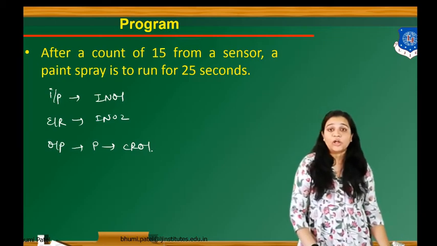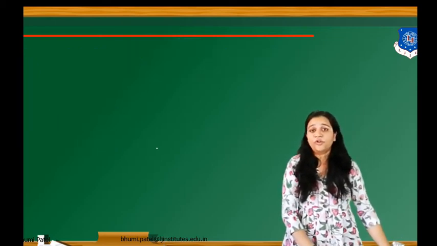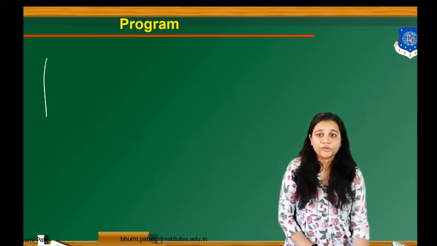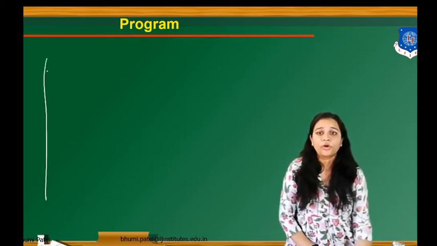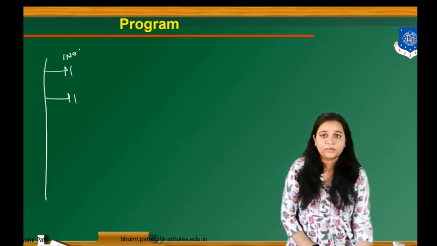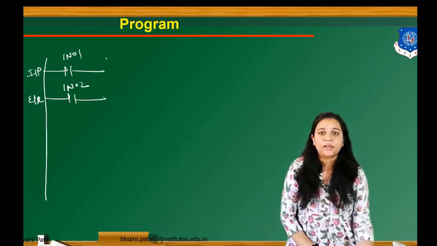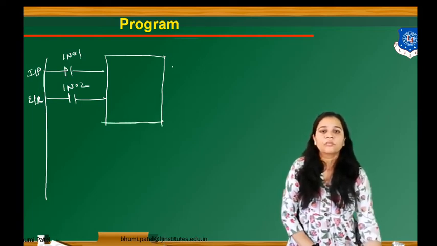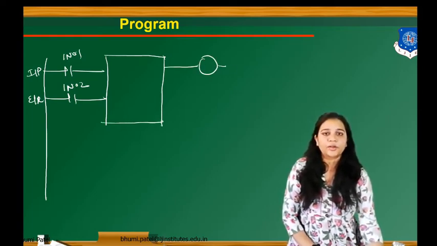Okay, so what is the logic behind this program? First of all, we can take one counter and the counter is the up counter. So for that, we have to draw two inputs, IN01 and IN02. This is my input switch and this is my enable or reset switch. Okay, and this is my block of the up counter.